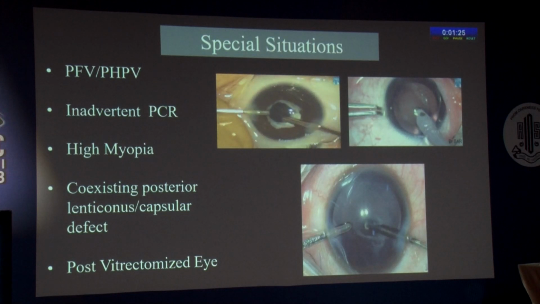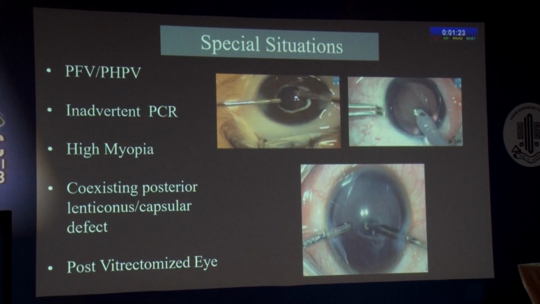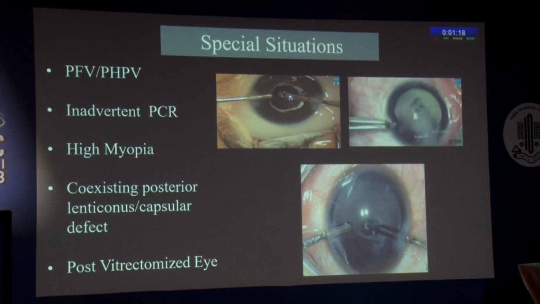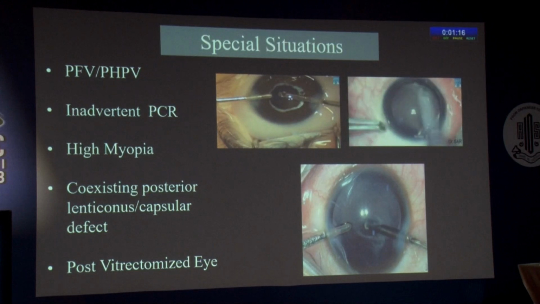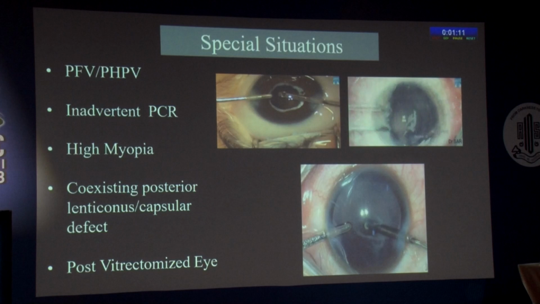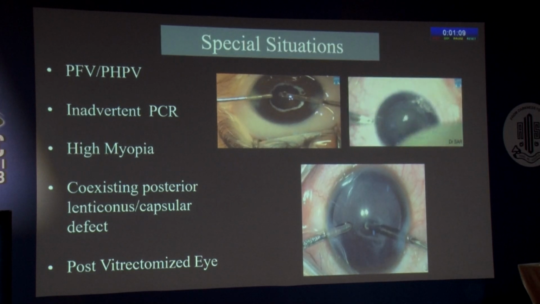In inadvertent PC rents in children while polishing, we can actually convert the rent into a CCC, that is a continuous rhexis, and then do vitrectomy and place the lens in the bag. High myopes are an exception.